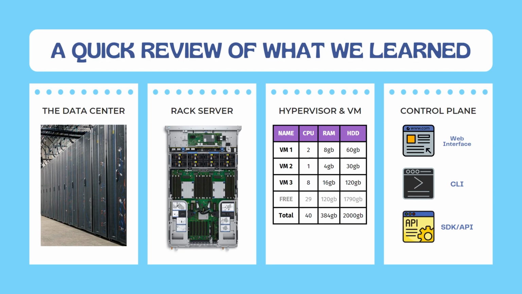I'm going to have a virtual machine with 2 CPUs, 8 gigs of RAM, and 60 gigs of hard drive space. And now I've divided up my big resources into smaller usable resources. But the key here is now it's interactable by software. So I don't necessarily have to physically go into the location and set up this configuration. I can do it via software.